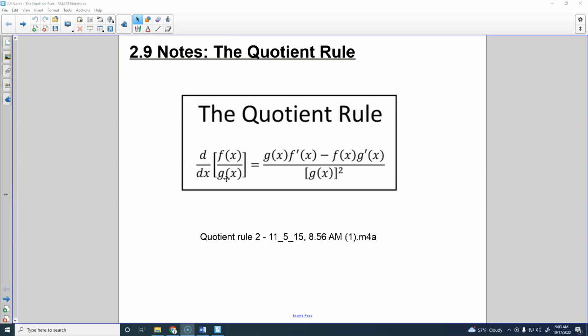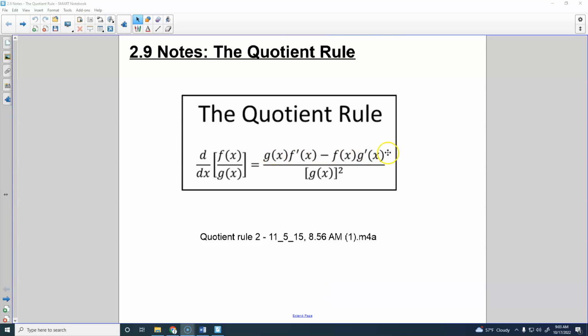The order matters for these because you have a minus sign in between. With the product rule, we did f times g prime plus g times f prime, but we could have done g times f prime plus f times g prime. We could switch the order because we had a plus sign between them.